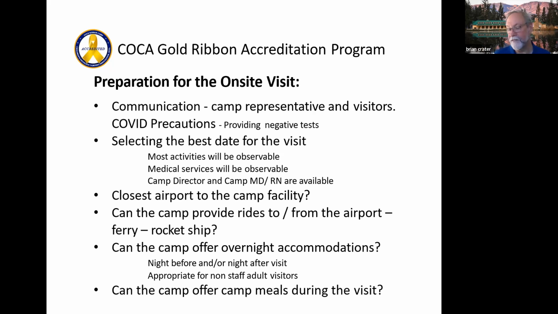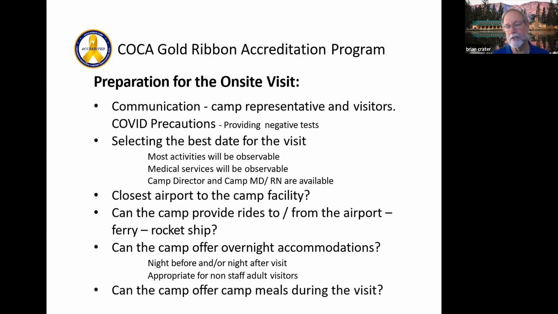Also, if it is planned to have an overnight stay, either coming in beforehand or afterwards in order to conduct the visit, we ask that you talk with the camp to see whether they have the ability to support an overnight stay at camp. If you're fine with that, it's an adult situation, not putting you in a cabin of kids, but an adult accommodation, or perhaps there's a board member or supporter who's not in camp but would be willing to have a visitor spend the night.